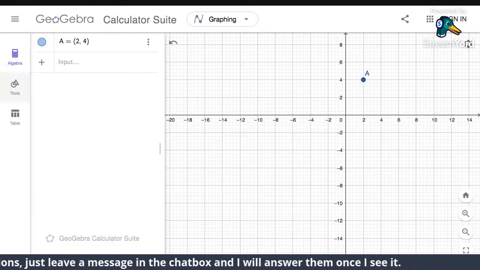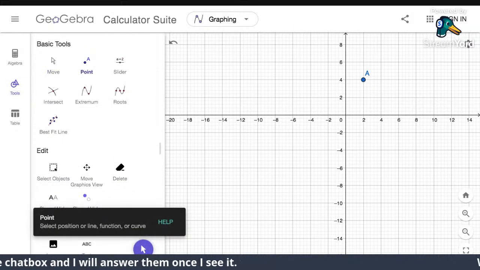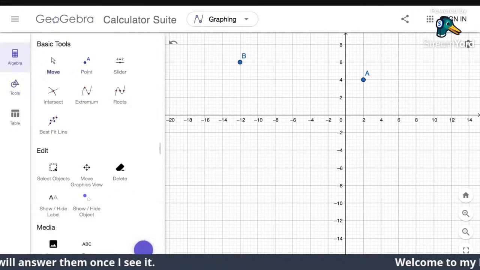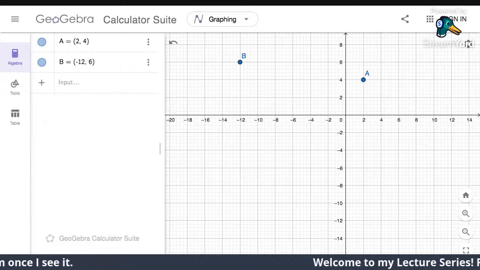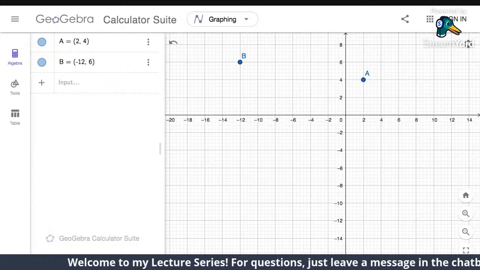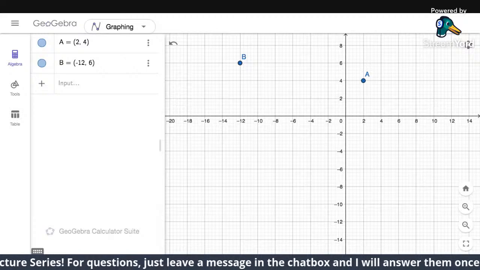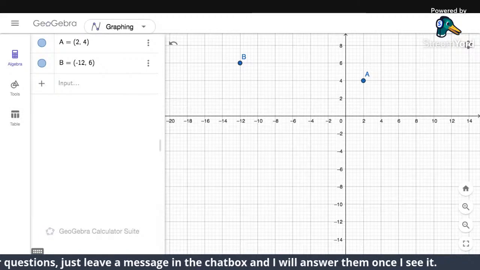Oops, sorry. Let's see what point that is. We have point B, and the coordinate is negative 12, 6. So your x coordinate is negative, and your y coordinate is positive.